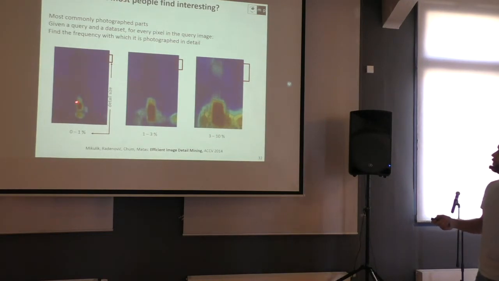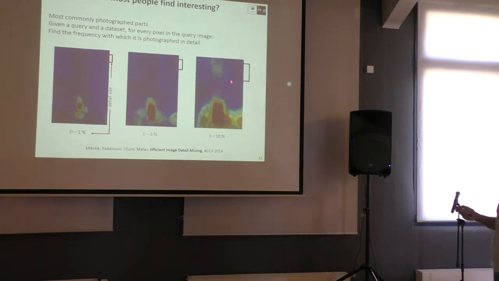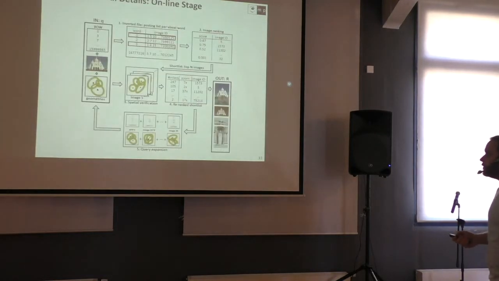So if the detail is really small, of this size, compared to the query image, then these are the parts where most of the people took photographs, and as the details get bigger, you get more area that's red. Somehow naturally, the top of the building appears only at the bigger size of the window because this is far away and not that easy to crop when photographing, so there are not so many details of this part compared to the parts closer to the ground.